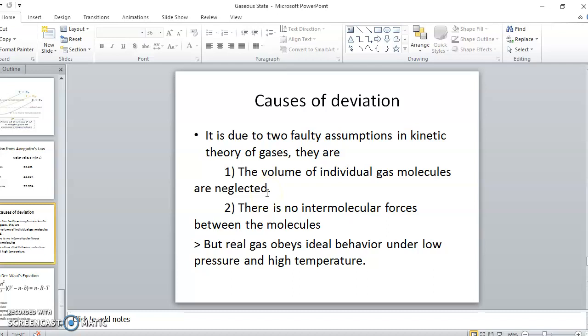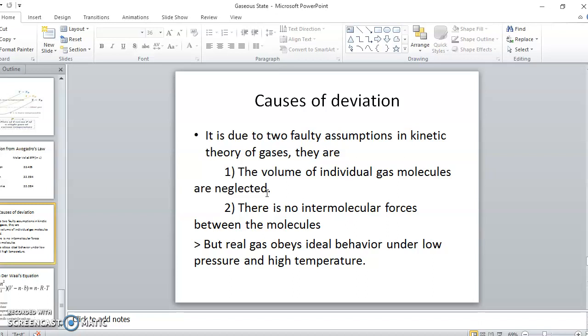Now consider a vessel. Inside the vessel, suppose you have real gas molecules. Now suppose the volume of the container is decreased, by increasing the pressure. What happens? The volume of the container will decrease, but the volume of individual gas molecules will not change.